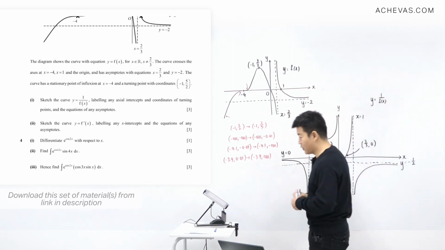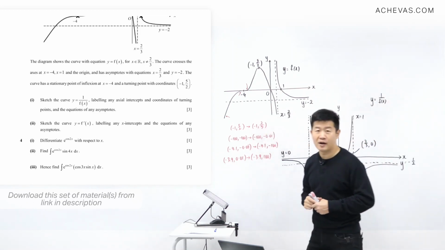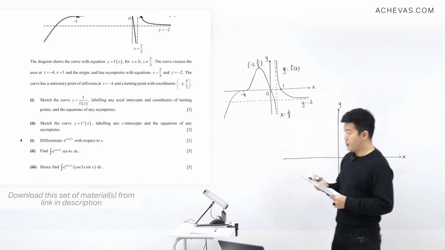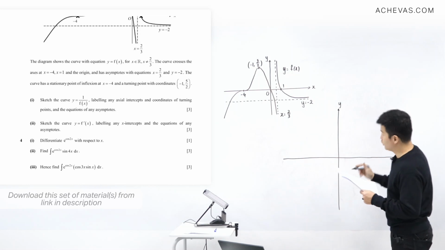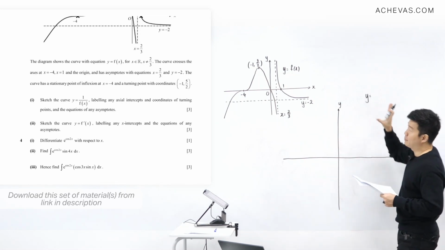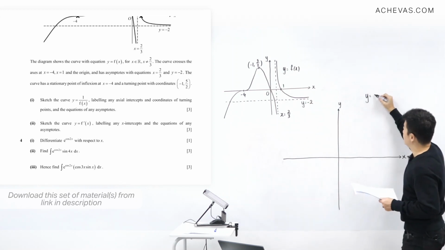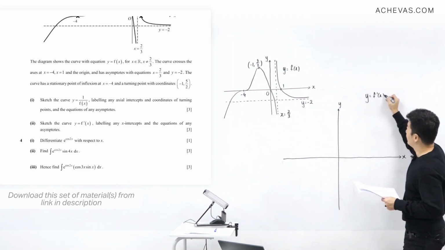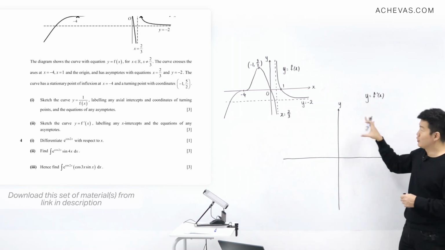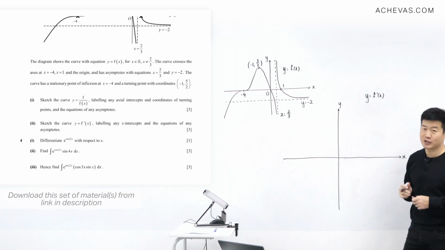And the next part requires us to sketch the graph of y is equal to f prime x. So for part 2, we are going to be sketching the y coordinates on this graph to represent the gradient that we are seeing there. So for f prime x, I'm also going to make use of a lot of analysis in order to sketch this graph.